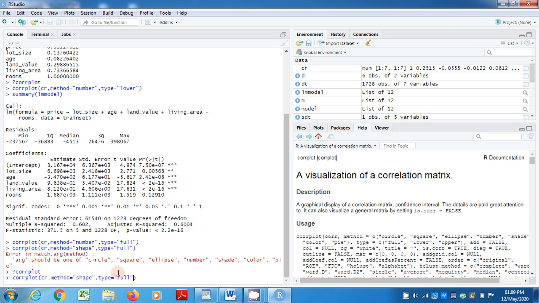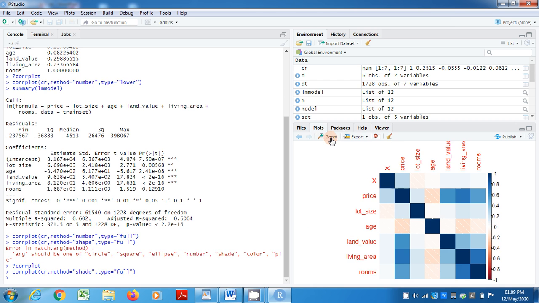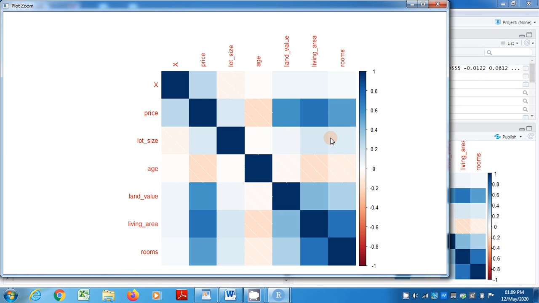You can see that shade. So this color indicates strong correlation, and these are the red lines. These red lines indicate strong negative correlation. So we should not consider these values according to this. So right, I will go with that.